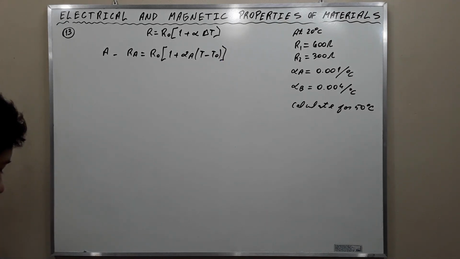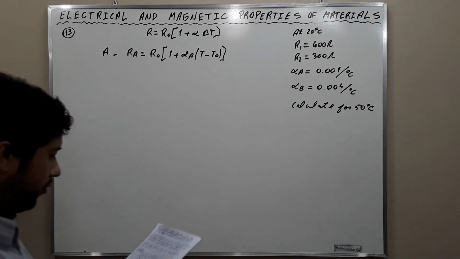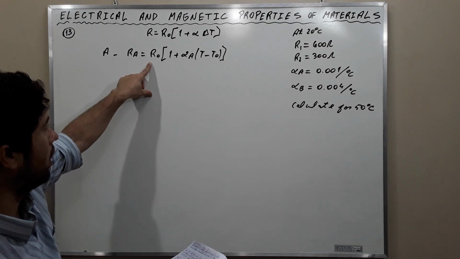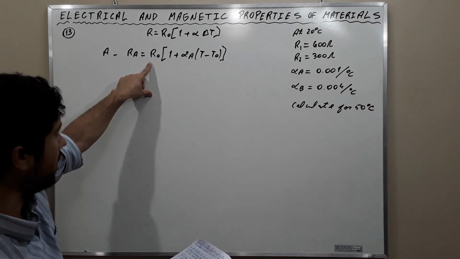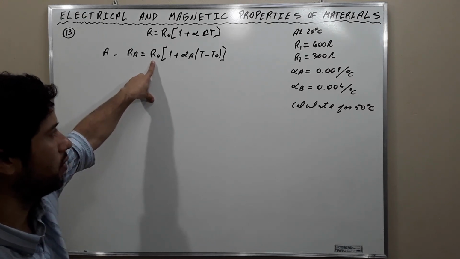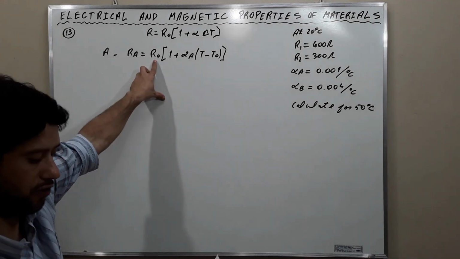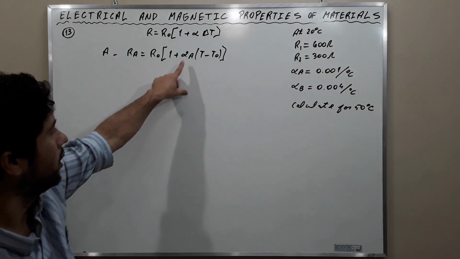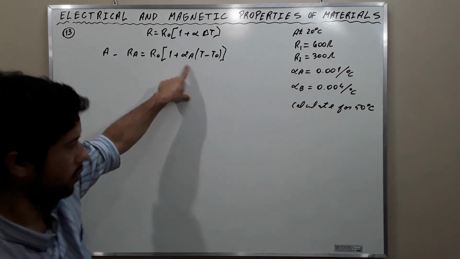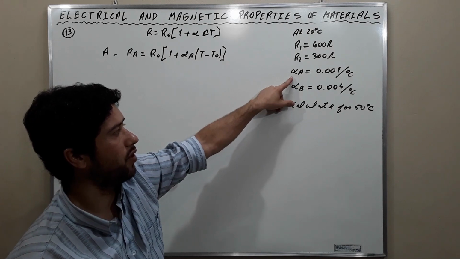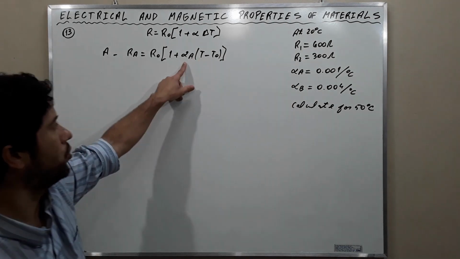Okay? For wire A, R0 is 600 ohms. Use here 600 ohms. Here it is 0.001 per degree Celsius. We're going to use it here.